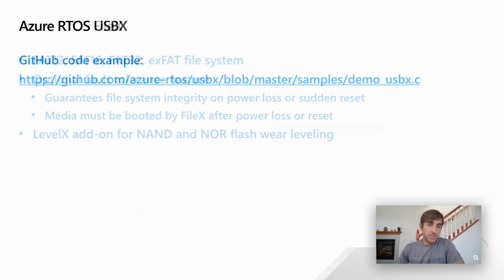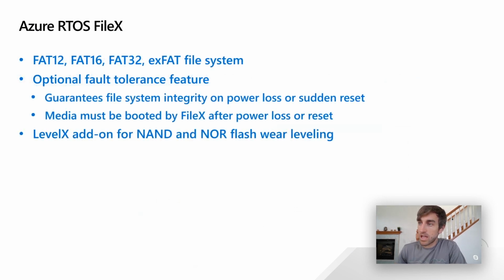Next up is FileX, which is a FAT file system, and all the different FATs are supported: 12, 16, 32, and exFAT. One really neat feature of FileX is its fault tolerance feature, an optional feature that you can include or remove at compile time. Fault tolerance guarantees your file system integrity.